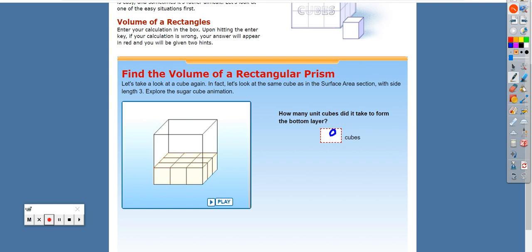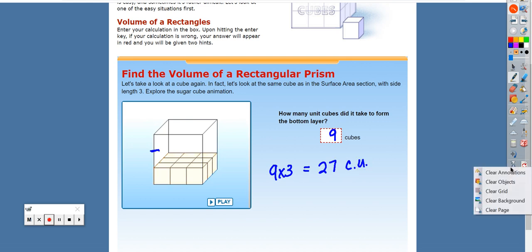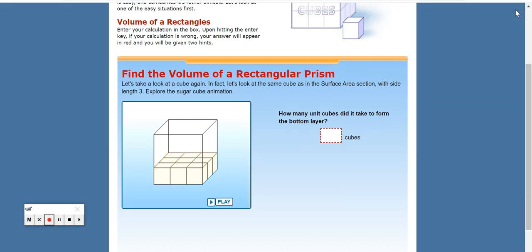If we continue filling the inside of our rectangular prism, I would say it would take 2 more layers of 9 cubes to finish filling the inside of this rectangular prism. So 9 cubes times 3 layers, that tells us that the volume of this rectangular prism is 27 cubic units. So that's what we're talking about when we talk about volume.